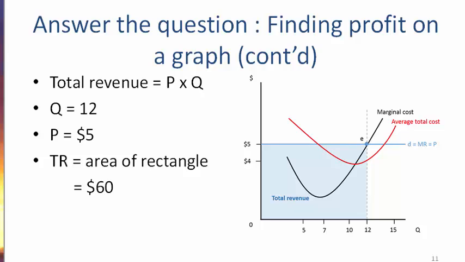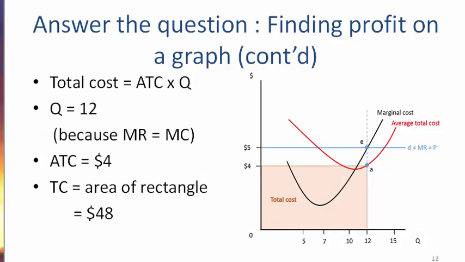So when the firm is producing a quantity of 12, we note that price is equal to $5. Price times quantity is total revenue, so the area of our total revenue rectangle is $60. Okay, now looking for total cost at a quantity of 12, because this is where marginal revenue is equal to marginal cost, we note that average total cost is $4. So the area of our total cost rectangle then is $48.